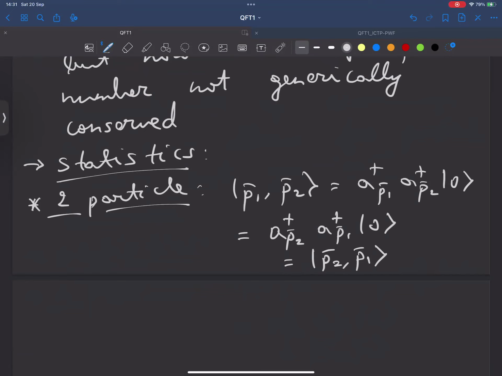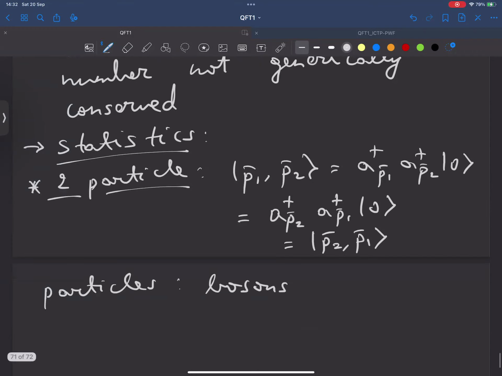So if a state had P1, P2 and you exchange the particles, you essentially got back the same state. So these particles are what are called bosons. And in an exercise that I will set for you, you will see that these guys will have spin 0.